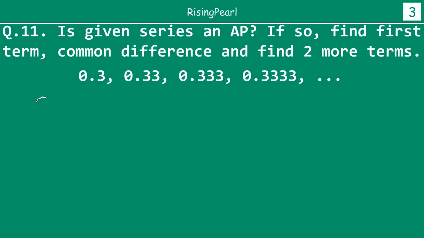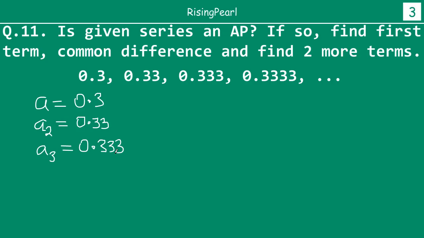So the first term is obviously 0.3, the second term is 0.33, the third term is 0.333, and the fourth term, there are 4 3's, so 0.3333.